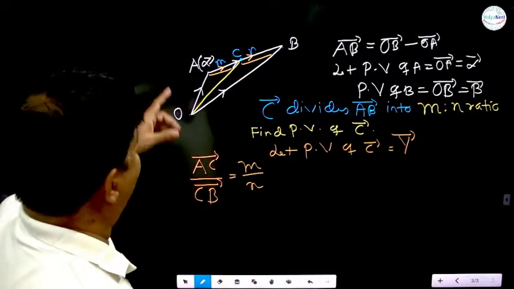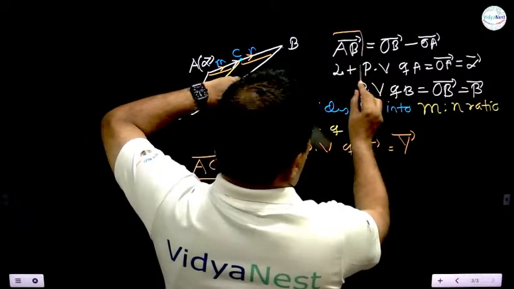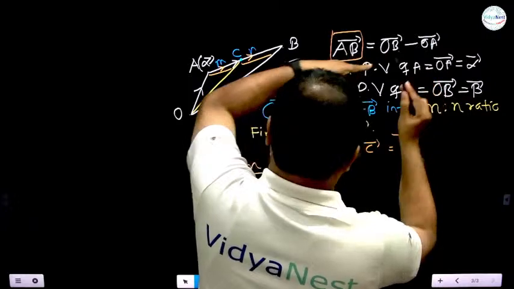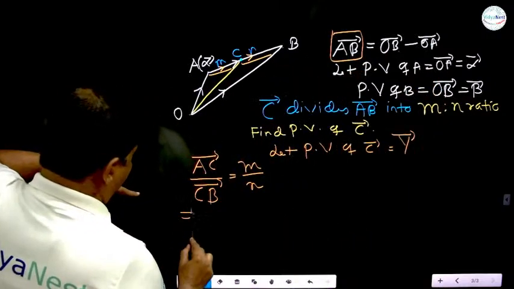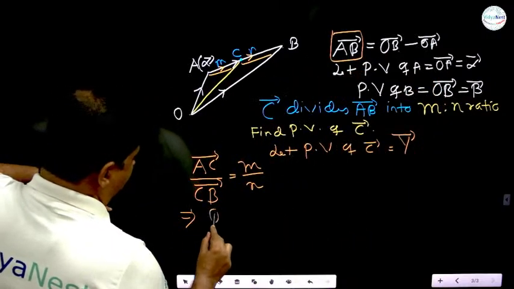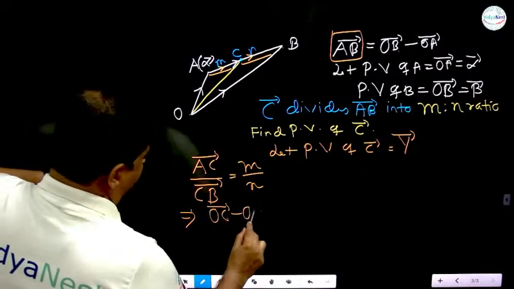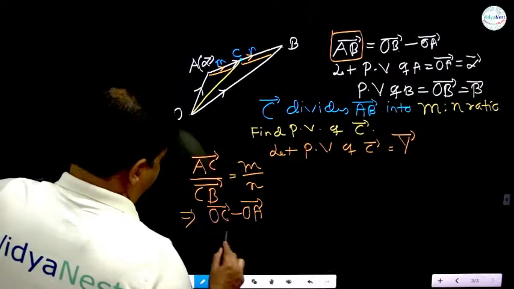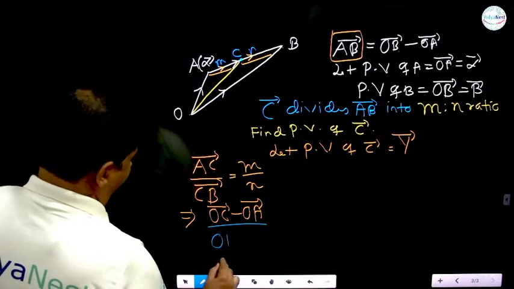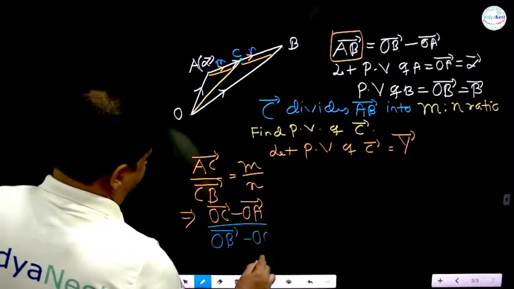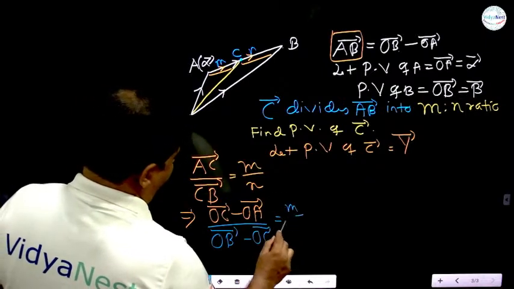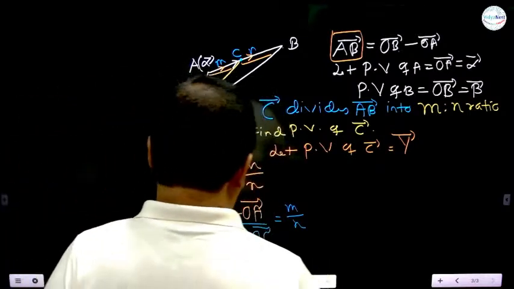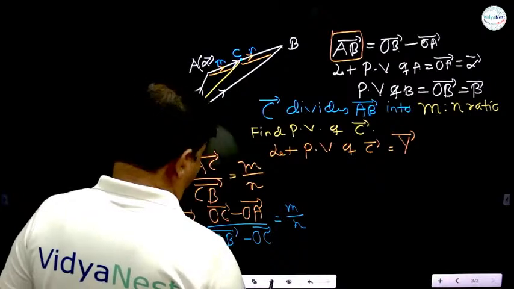Yes, sir. Now, what is the resultant vector in physics you are taught? AB means final vector minus initial. So here AC means final minus initial and CB means final minus initial, that is M by N. Okay, sir.